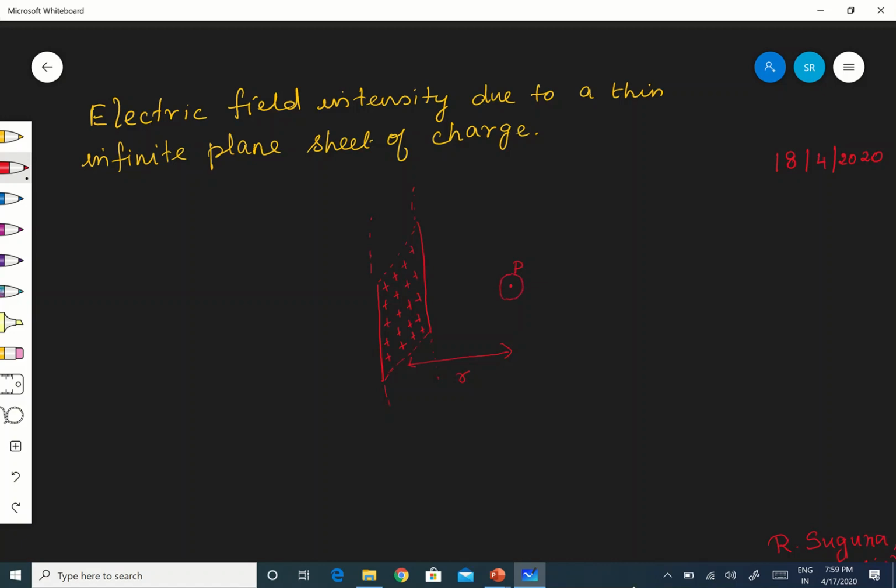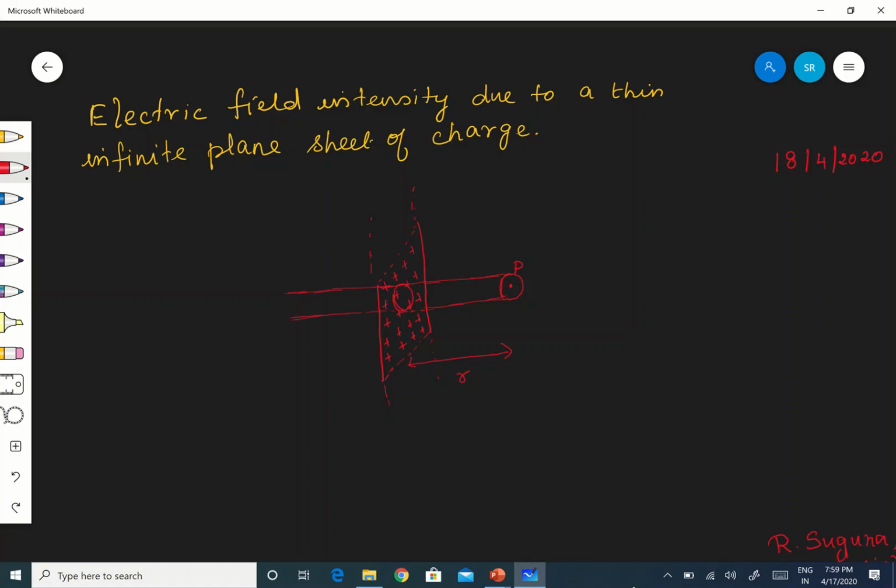This is the cylindrical surface, and it pierces through our charge sheet, like that. And it is a cylinder whose length is equal to 2r. Length of the cylinder is 2r.